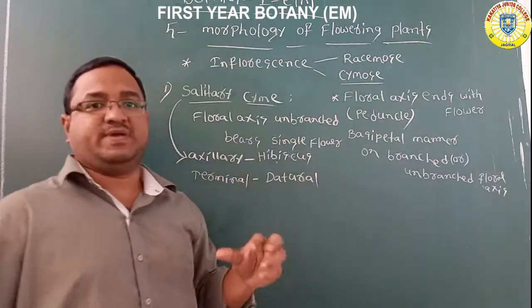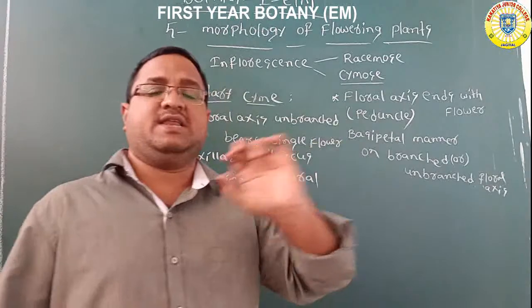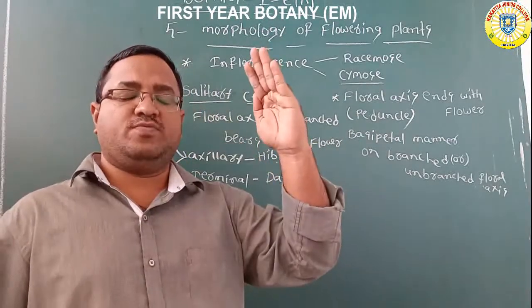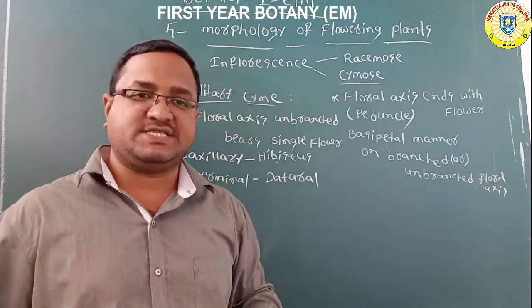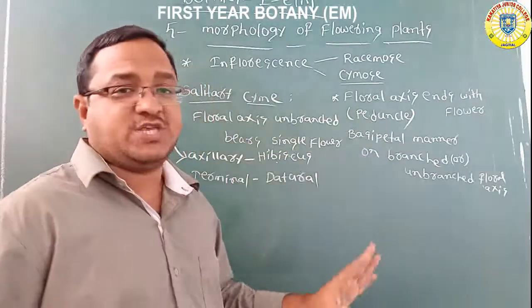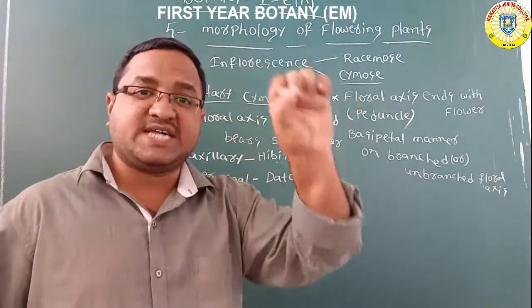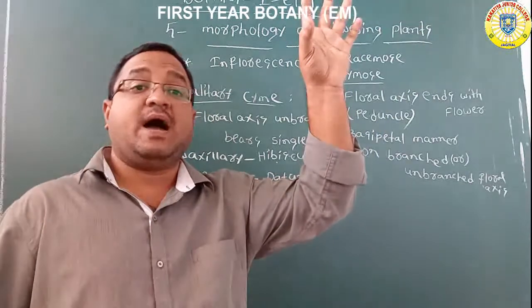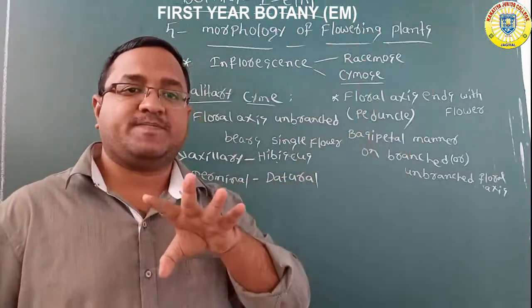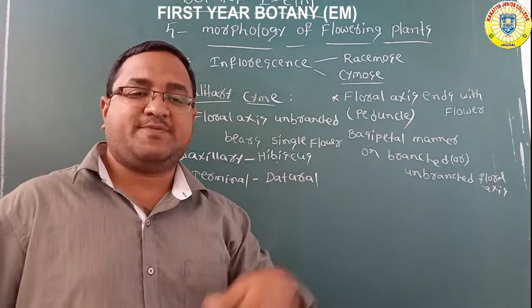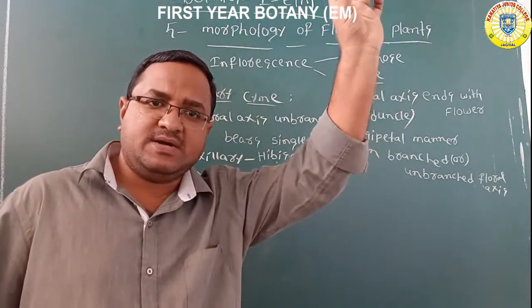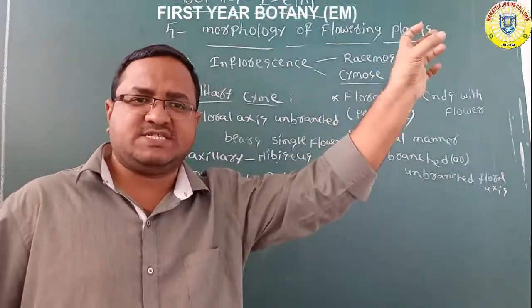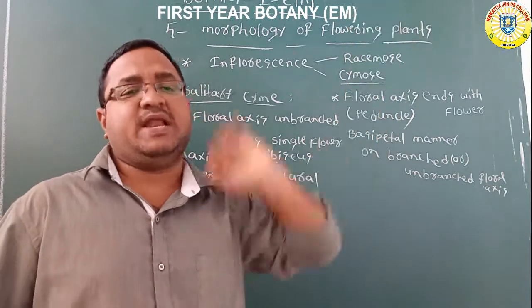What is solitary sign? Solitary sign means single. There are no branches in the floral axis. The floral axis is unbranched, but it ends with a flower. Based on the position of the flower, it is of two types. If the flower is on the top of the floral axis, that is terminal.